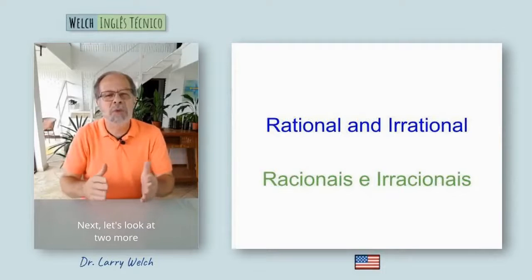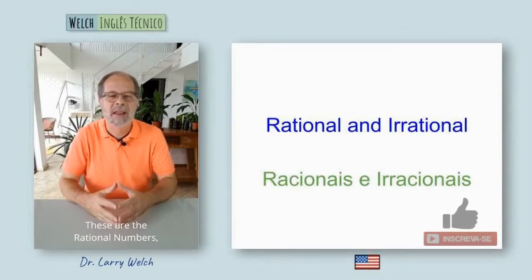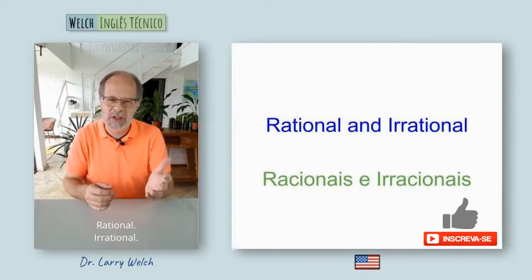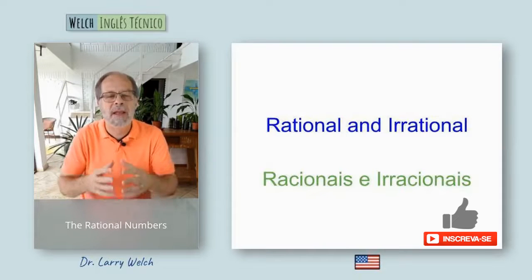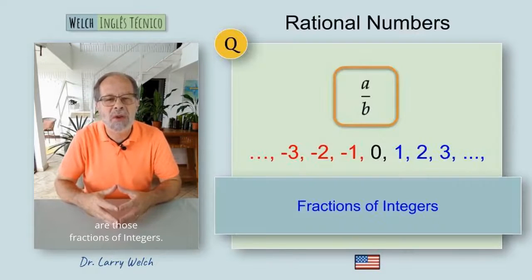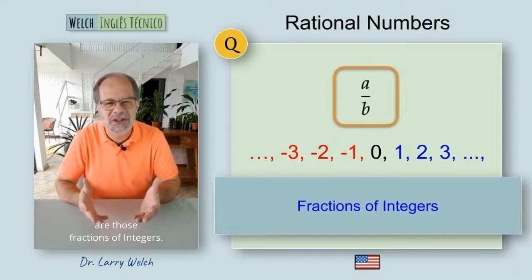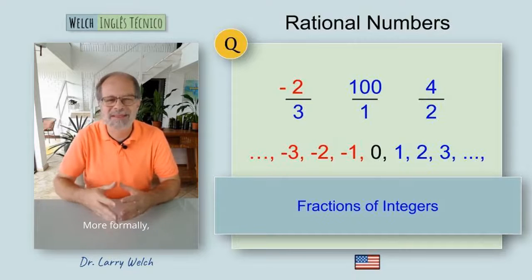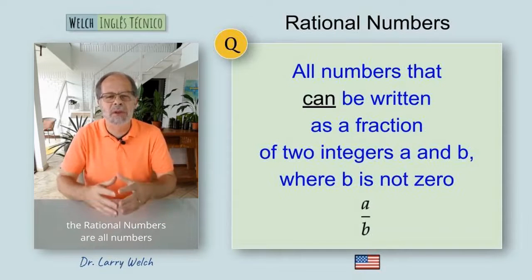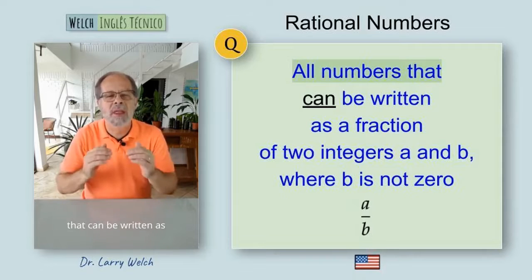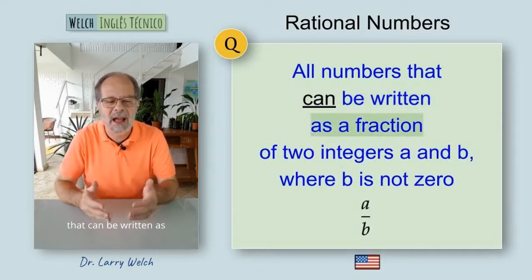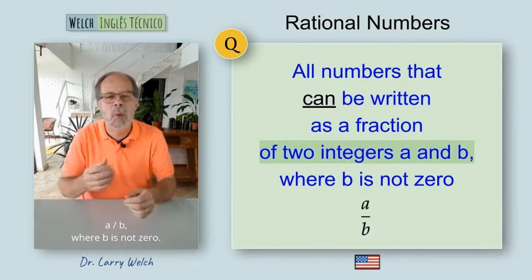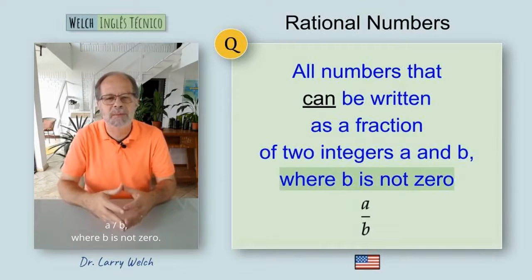Next, let's look at two more sets of numbers. These are the rational numbers and irrational numbers. The rational numbers are those fractions of integers. More formally, the rational numbers are all numbers that can be written as a fraction of two integers, a and b, where b is not 0.